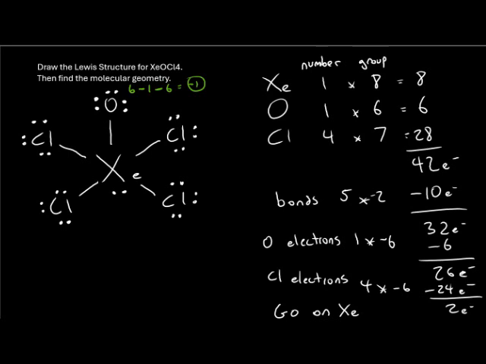Chlorine was in group 7, minus 1 bond connected to each chlorine, minus 6 electrons around it, and 7 minus 1 minus 6 gives 0, meaning the chlorines are all neutral. Now we'll look at xenon. Xenon was in group 8. It is connected to 5 bonds as it stands, and has 2 electrons next to it, so we'll have 8 minus 5 minus 2, giving us +1.